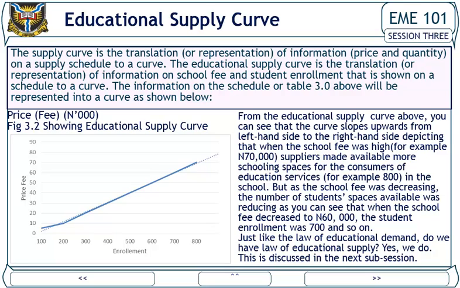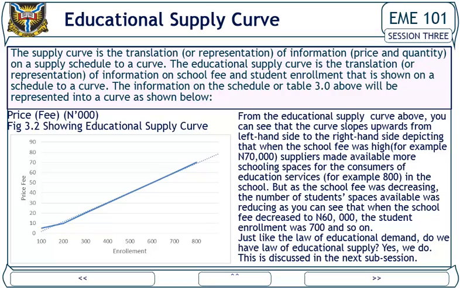From the educational supply curve, you can see that the curve slopes upwards from the left-hand side to the right-hand side, depicting that when the school fee was very high, for example 70,000 naira, suppliers made more schooling spaces available to the consumers of education services, for example 800 in the school.